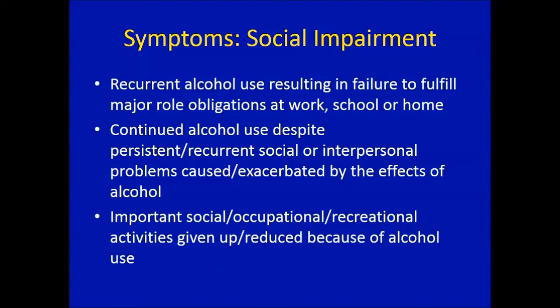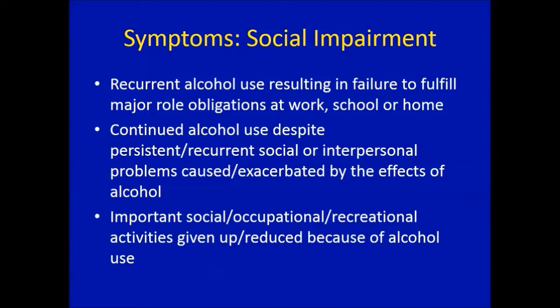But on the other hand, the fact that they need to make that decision and cut back their recreational activities because of the consequences of their drinking suggests that they are having problems related to this drinking behavior. So cutting back on social behaviors, cutting back on occupational behaviors, changing the kinds of recreational things that you are doing or spending less time on these important activities, all of these are evidence that a person is experiencing social problems related to their alcohol use.